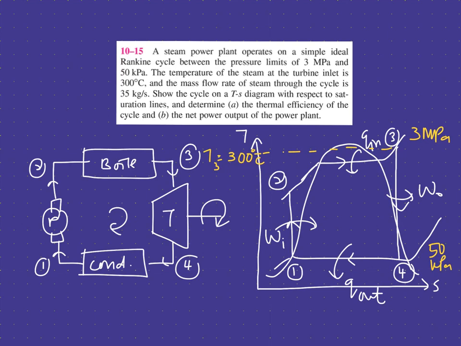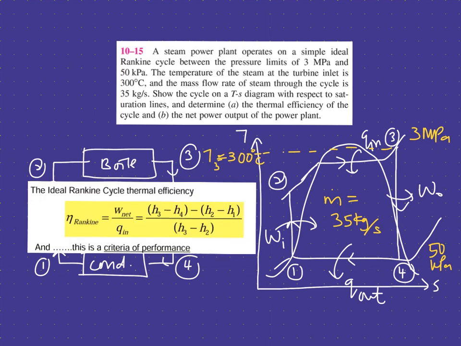That will be your temperature at 3. Next, it gives you your m dot, which is equal to 35 kilogram per second.